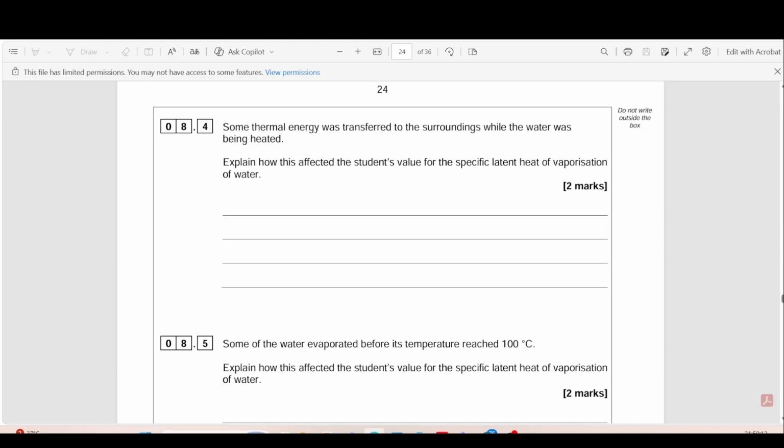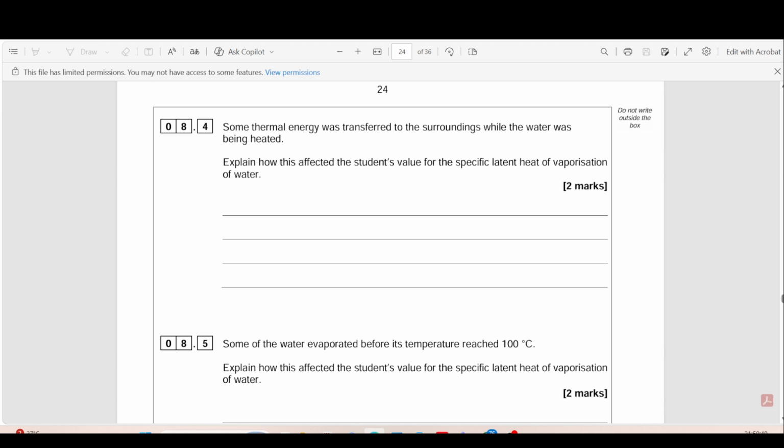If energy is lost to the surroundings, not all the energy measured by the heater is actually used to vaporize the water, right? So the calculated value for specific latent heat will be too high, because the value used for energy in the calculation is larger than the energy that actually went into changing the state of water, so an overestimation of energy leads to an overestimation of latent heat, right?